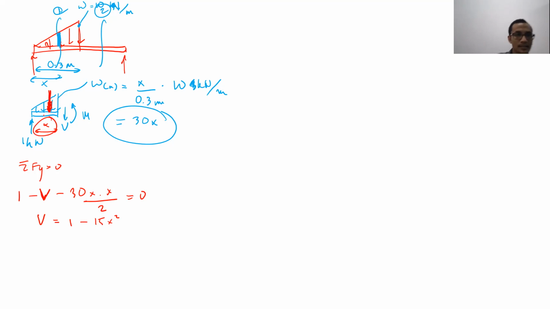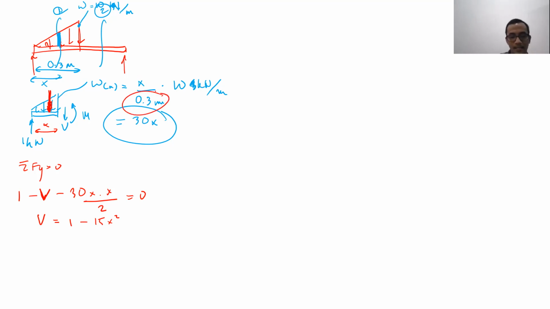The distance there is x, right? That's why we multiply the value of W with x. And the 0.3 below it? No, I don't use 0.3 there.